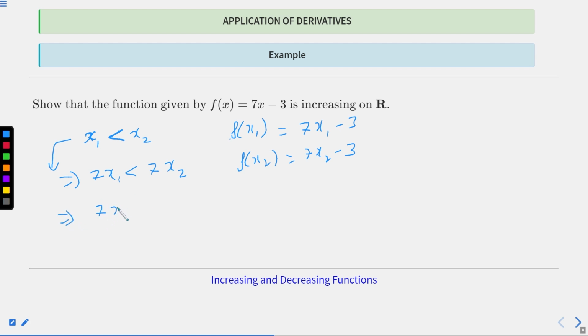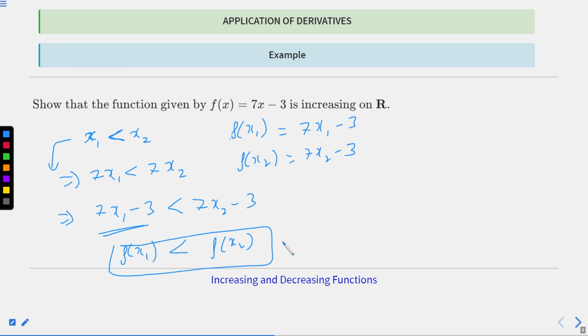From this also, 7 times x1 minus 3 is less than 7 times x2 minus 3. And this is f(x1) less than f(x2). So this satisfies your increasing definition, which means this function is increasing on the whole of R. You can do this for every x1 and x2 from R.